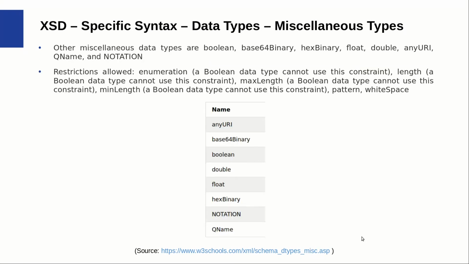And lastly, we have a miscellaneous types category with these types, and these are the restrictions allowed, with some observations regarding each one of them. You have the enumeration, the length, the max length, and the min length, the pattern, and also the whitespace.